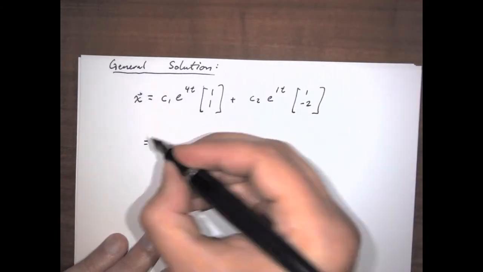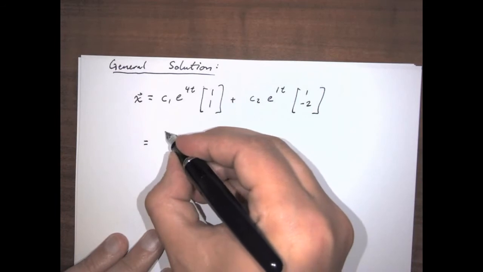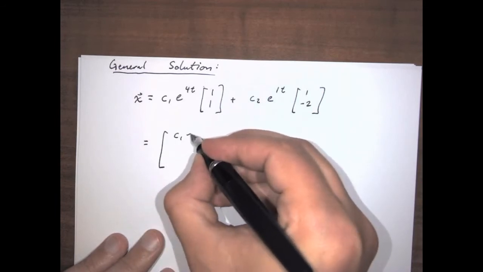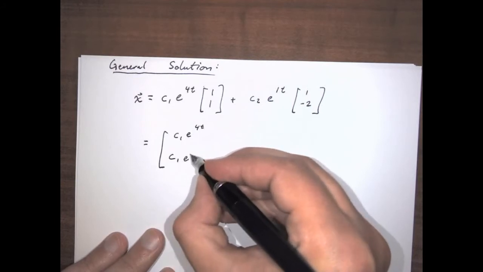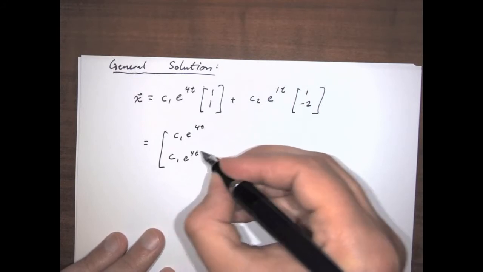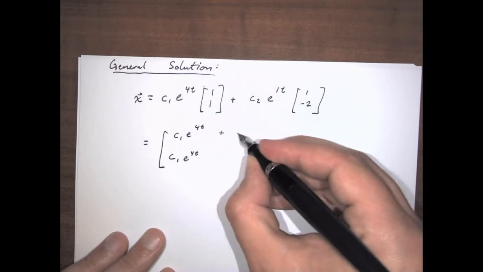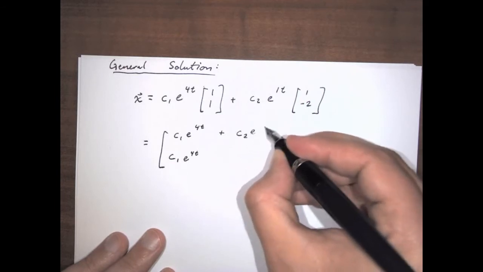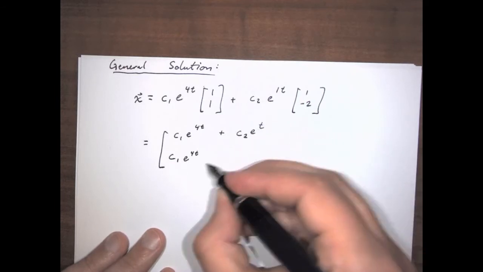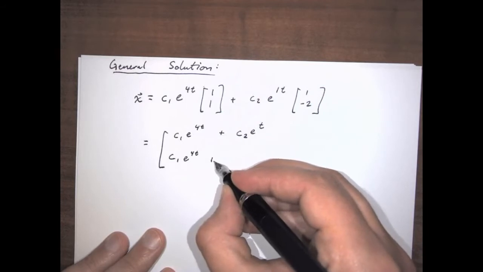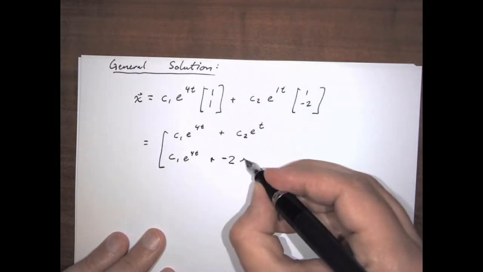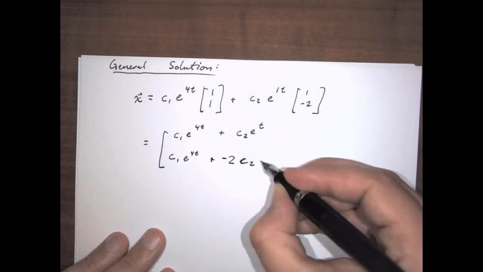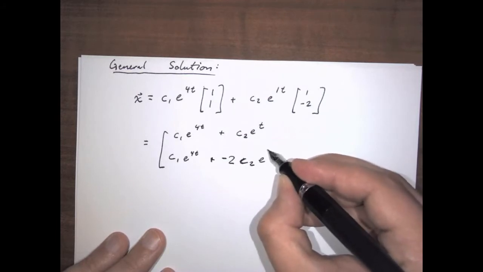If I were to multiply these out, it would be c1 e to the 4t, c1 e to the 4t, plus c2 e to the t, and then minus 2 times c2 e to the t.